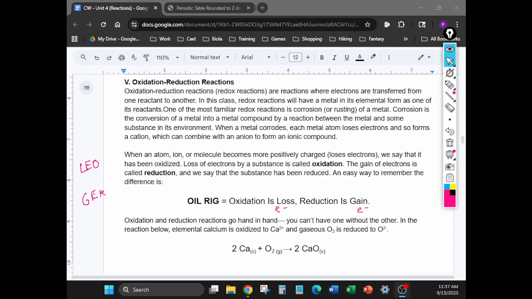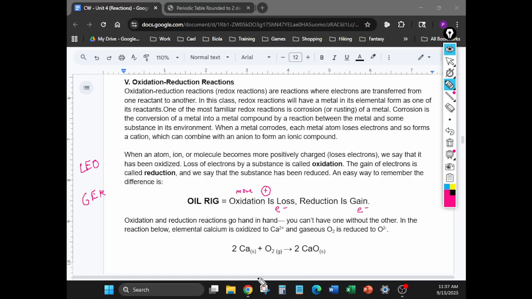Whichever species is being oxidized is losing electrons. Now, let's think about this logically. Electrons are negative, right? So if you are losing electrons, basically when you're being oxidized, you are becoming more positive. Okay, so I know it sounds backwards, right? But whatever element is being oxidized is losing electrons. It's losing something negative, so it's becoming more positive.